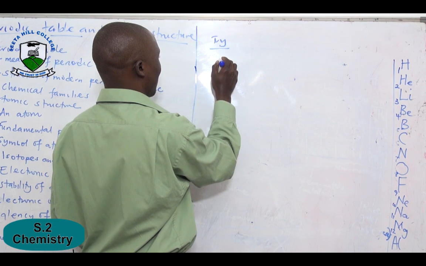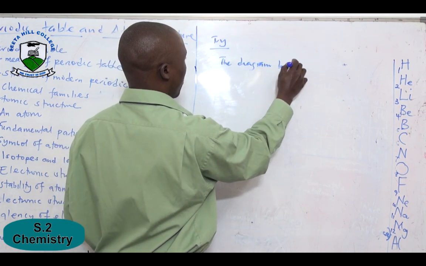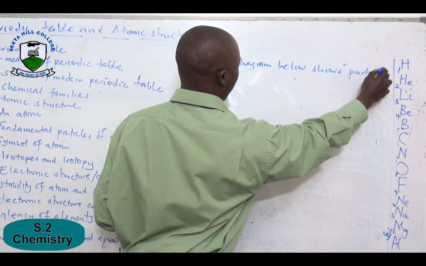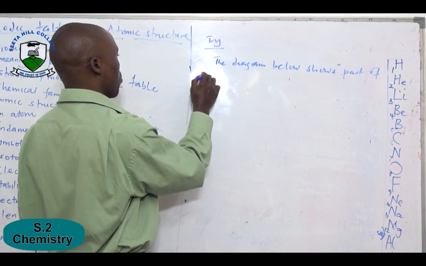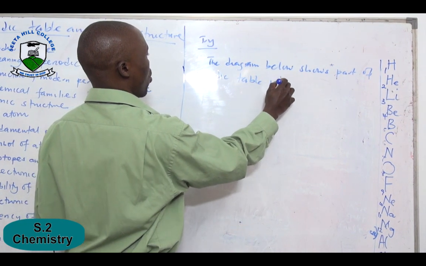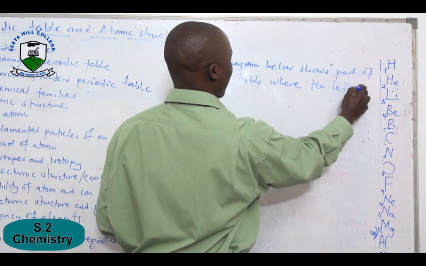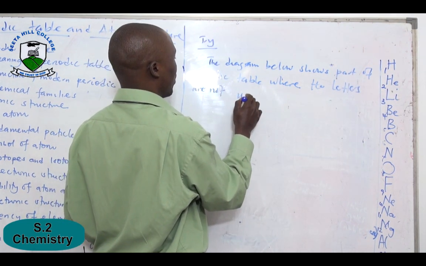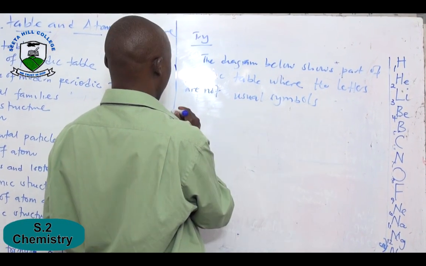Try this: the diagram below shows part of the periodic table where the letters are not the usual symbols.